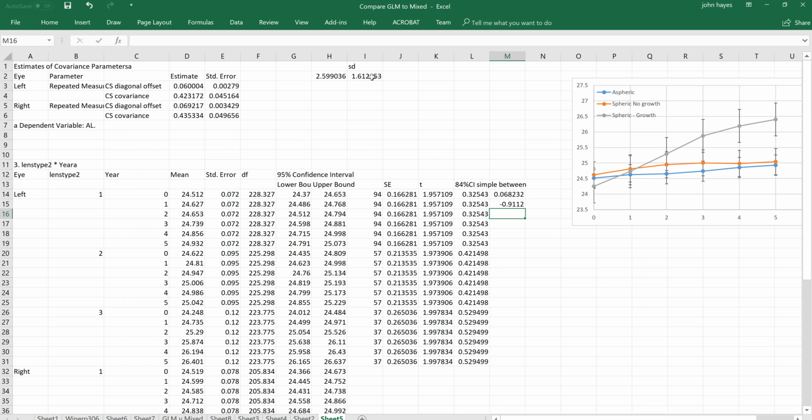And we get an effect size of 0.9, almost a whole standard deviation difference. That's a pretty big effect. All right, that's it.